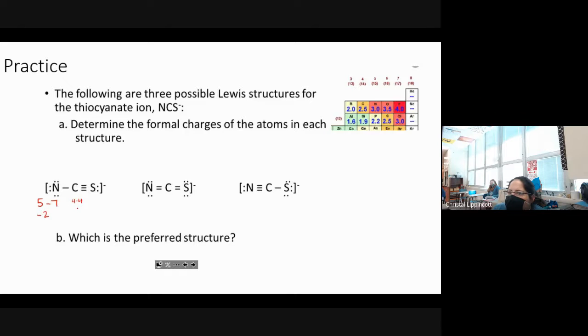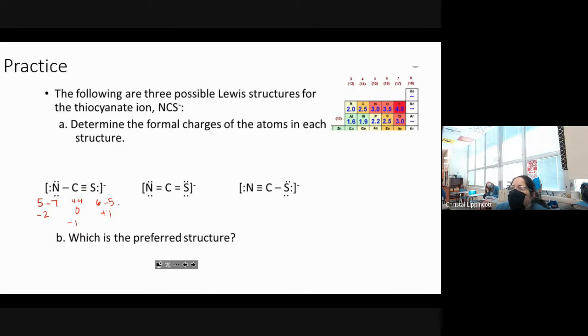It has 4, so it is a 0. My sulfur should have 6. It has 1, 2, 3, 4, 5, so it is a +1. My overall charge for this whole thing is -1, which is what it should be.